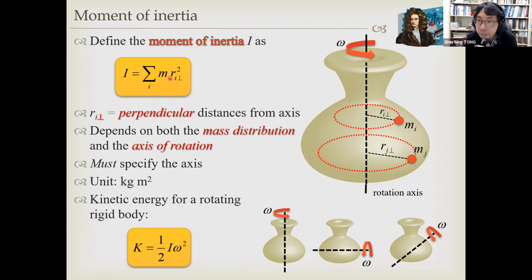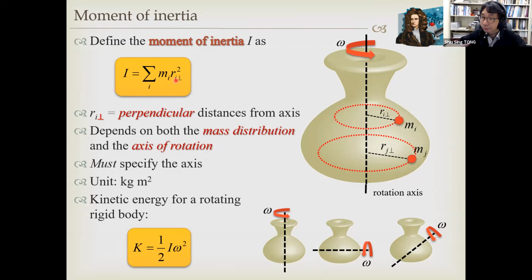Okay. Now the important thing is to note that this quantity depends both on the mass distribution and also the axis of rotation. Why does it depend on the mass distribution? Well, it's obvious. If you have a vase that is very narrow, then all the particles will be closer to the axis, right? So because of the r_perp squared, you get a small moment of inertia.